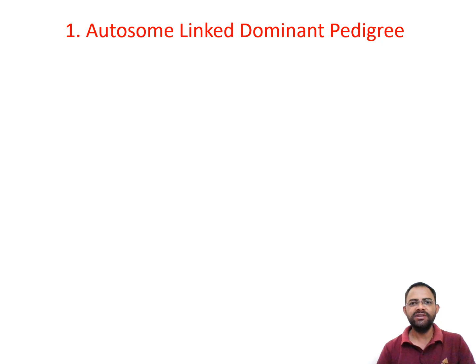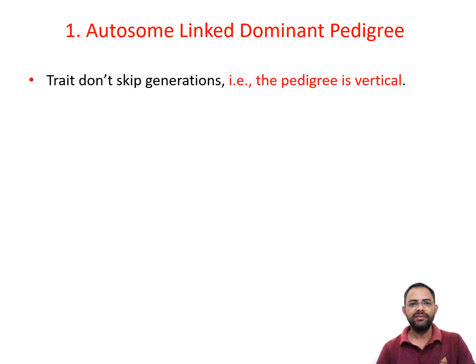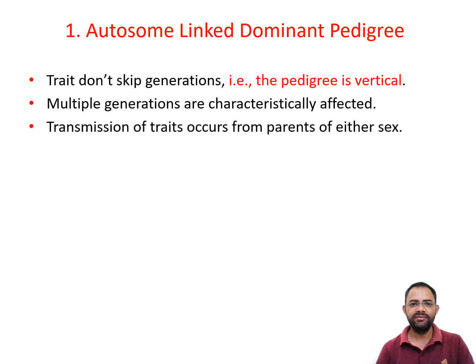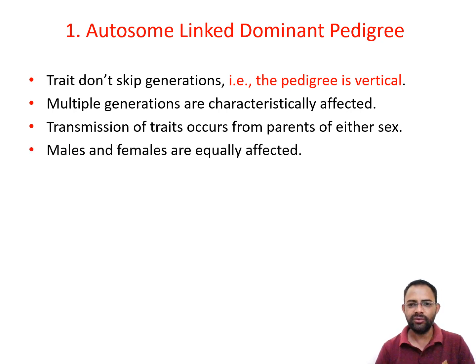The characteristic features of inheritance of such traits are: traits don't skip generations, that is, the pedigree is always vertical. Multiple generations are characteristically affected. The transmission of traits occurs from parents to either sex. The next one is that males and females are equally affected.